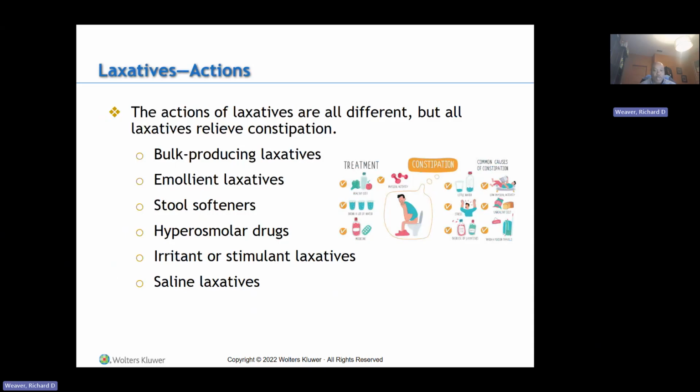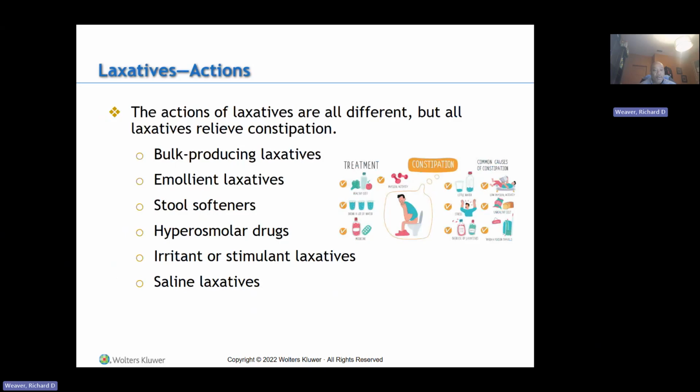So the hyperosmolar drugs stimulate the GI tissue, the intestinal tissue, and that irritation will cause more peristalsis or movement, a wave-like movement, and this will cause these patients to have a bowel movement. Glycerin is one example of a hyperosmolar drug.